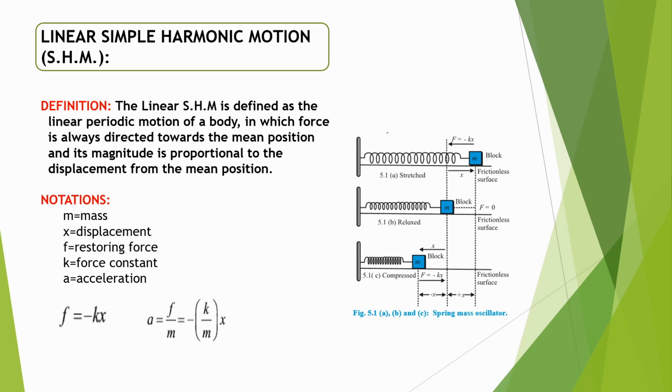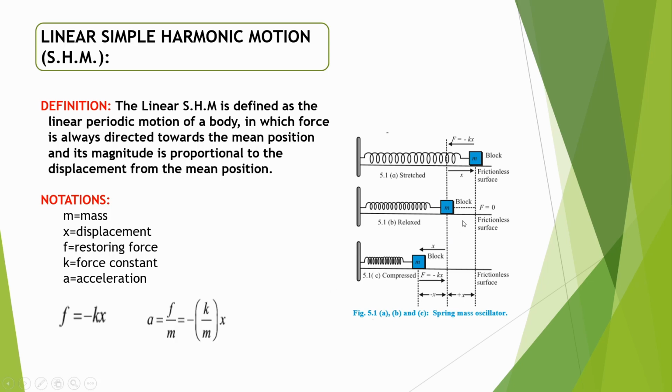When the block reaches its mean position, the velocity of the block is maximum, so the kinetic energy of the block is also maximum. Due to that, it does not come to rest at the mean position, but continues moving towards the left.